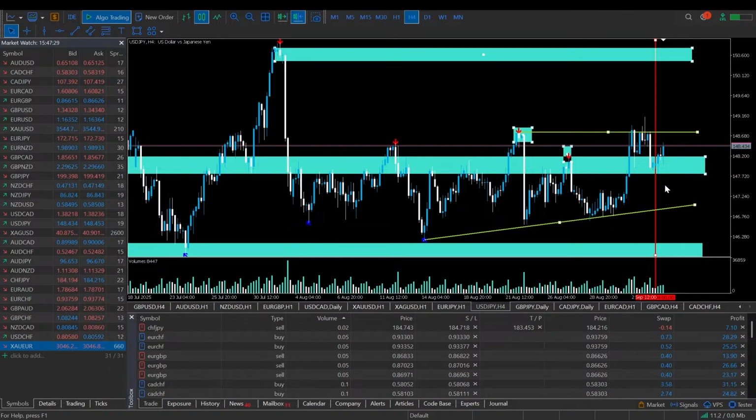So what my trend line looks like now is a pattern. And what's this pattern? We can call it an ascending triangle. Yes, it is an ascending triangle, which gives us a possibility of a bullish direction, right?